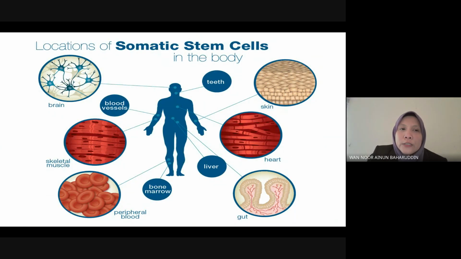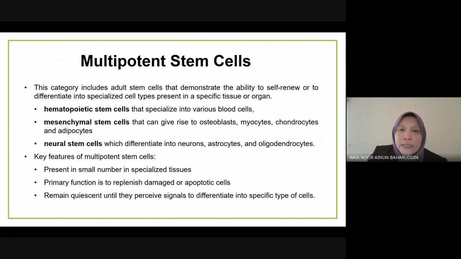Okay, so these are the location for somatic stem cells inside the body. These are the possible tissue that can be differentiated inside the lab. Then we do have multipotent stem cells that demonstrate only the ability to self-renew or differentiate into specialized types sahaja, tanpa jenis yang lain.